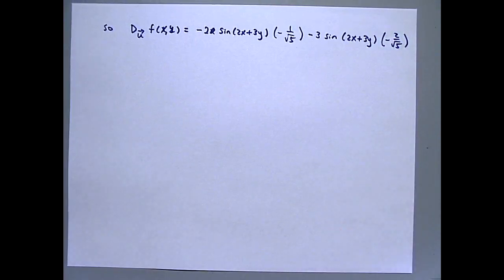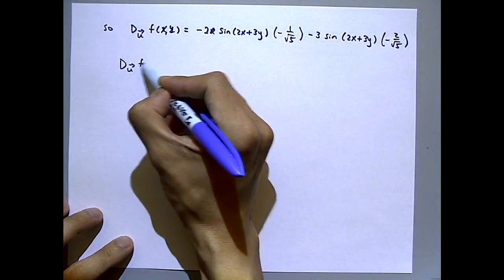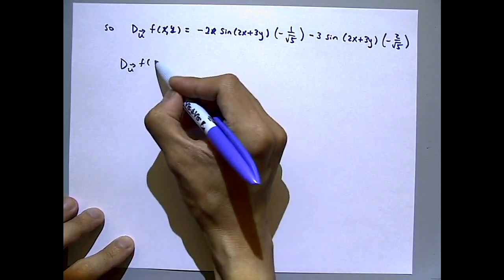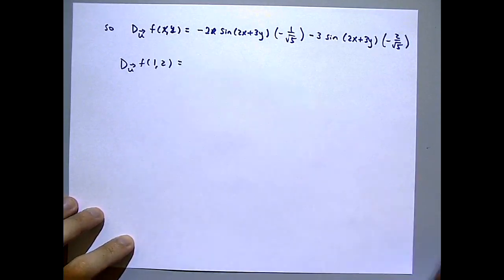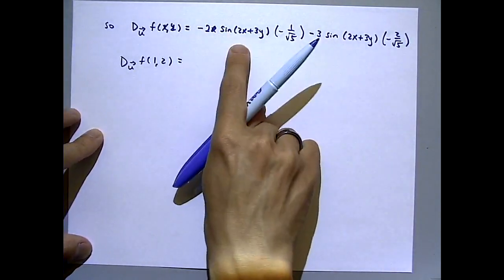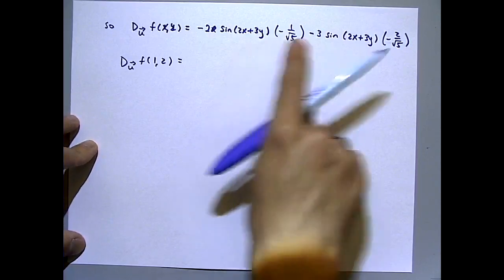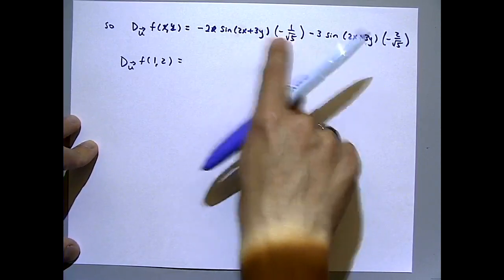Okay? All right, so now you're plugging in x and y at that point. You're looking at (1, 2), and you get negative 2 sine of 8 over radical 5. Negative, negative, positive.